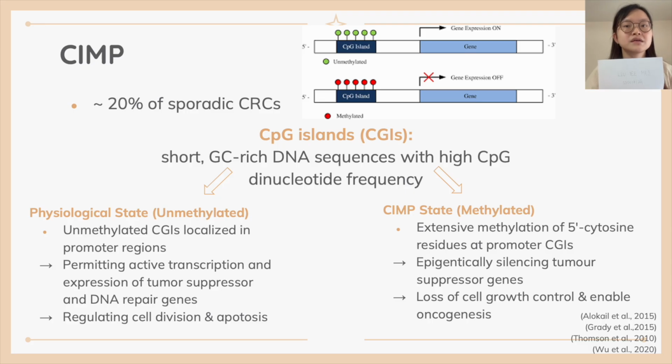It is an epigenetic modification involving extensive methylation of 5' cytosine residues within the promoter regions, causing transcriptional silencing of tumor suppressor genes. This disrupts cell growth control and promotes oncogenesis.